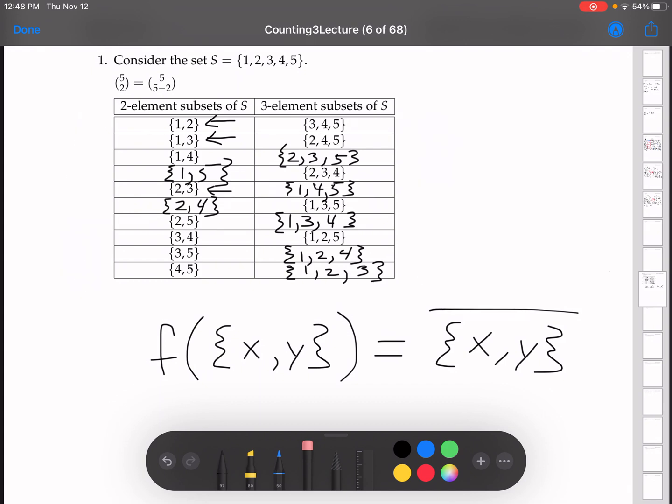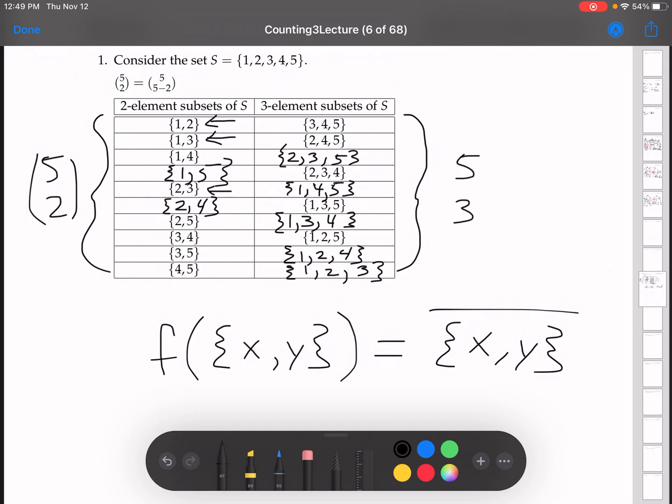Now, how many things are there over here? Well, this is all of the two-element subsets of a set with 5 elements. That's 5 choose 2. And how many things are over here? Well, this is all of the 3-element subsets of a set with 5 elements. So there's got to be 5 choose 3 here.